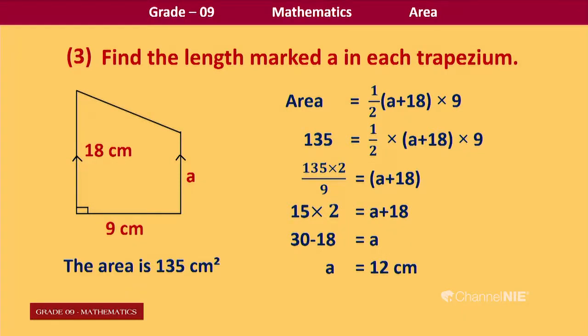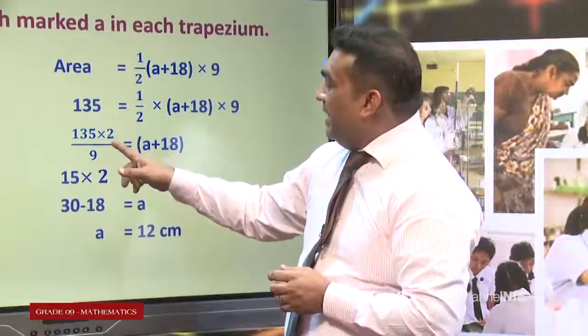On the right hand side you can see a plus 18, and on the left hand side 135 multiplied by 2 divided by 9. It means the reciprocal of this fraction, 9 over 2, here 2 over 9, reciprocal. After simplifying, 135 by 9.